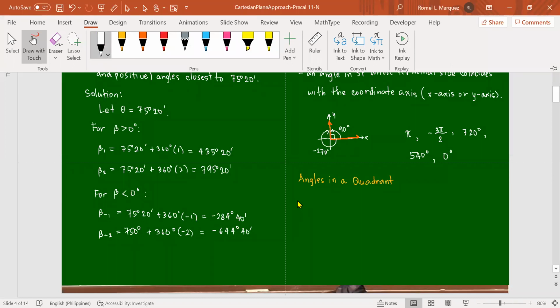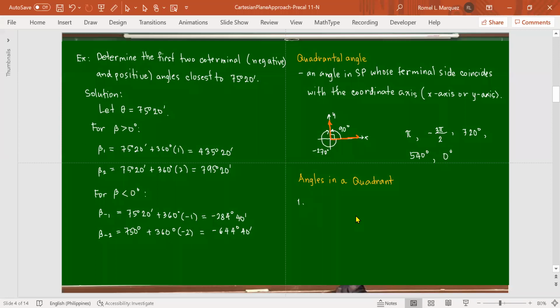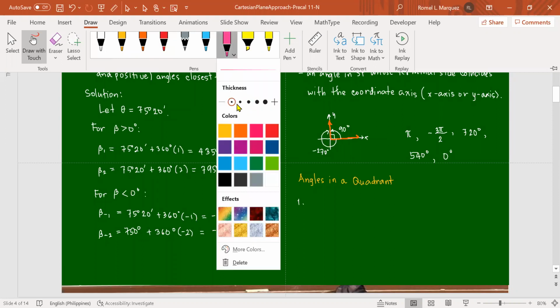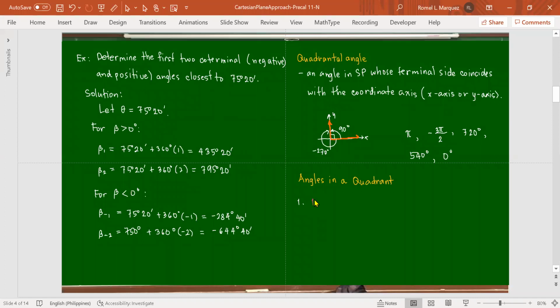Okay, so there are 4 under here. We have what we call first quadrant angle. So what is a first quadrant angle, guys?